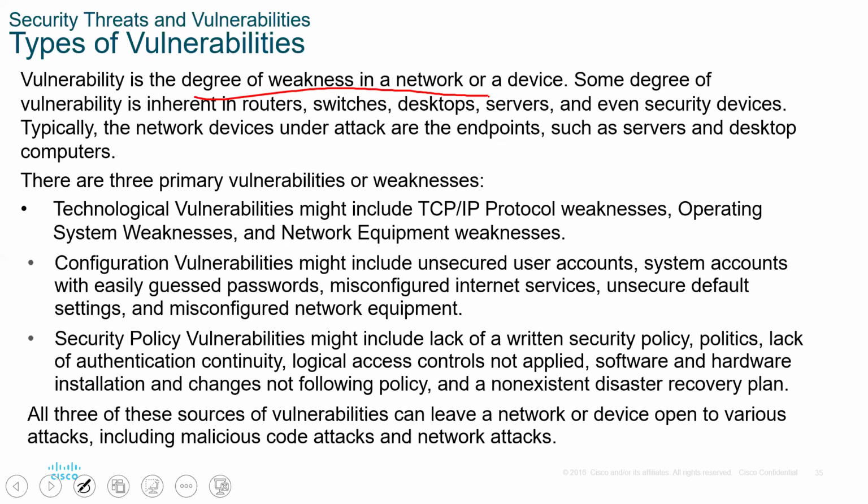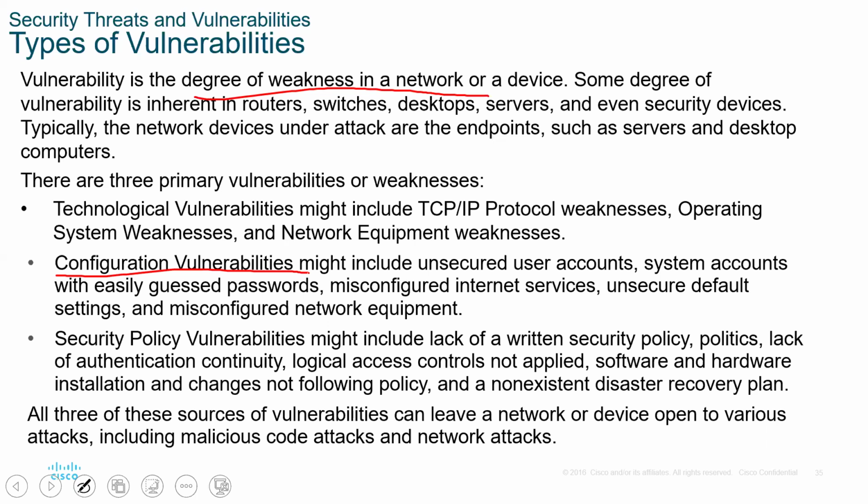The second vulnerability is the configuration vulnerability. That basically includes unsecured user accounts or system accounts with easily guessed passwords, misconfigured internet services, unsecured default settings, and things like that.